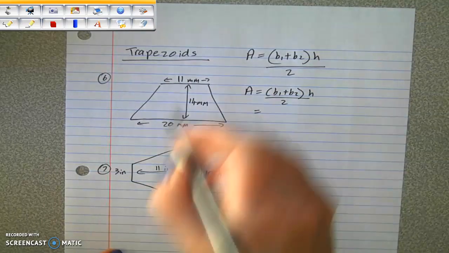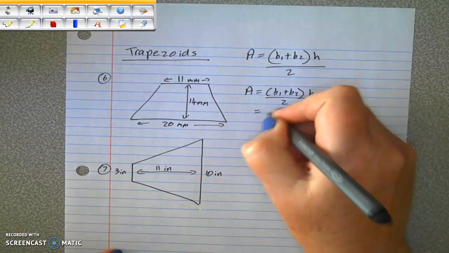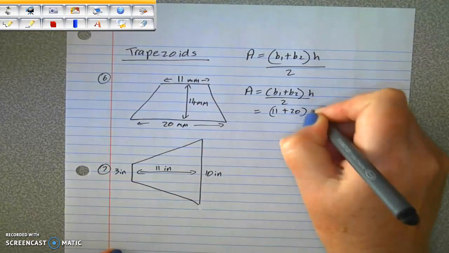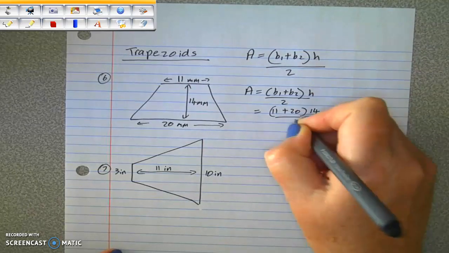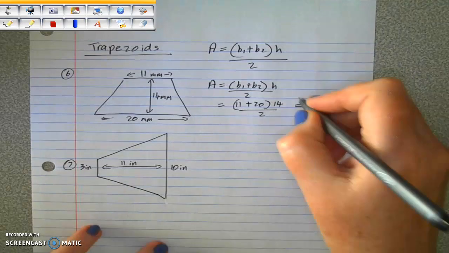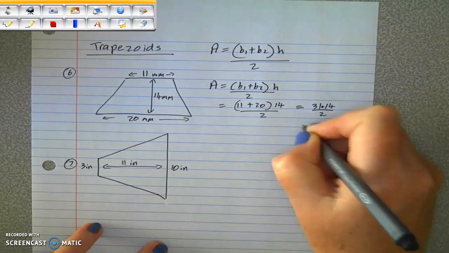So our bases for this first trapezoid are the 11 and the 20. So we're going to add 11 and 20. We're going to multiply by 14 and divide by 2. Let's go out this way. So that's 31 times 14 divided by 2.